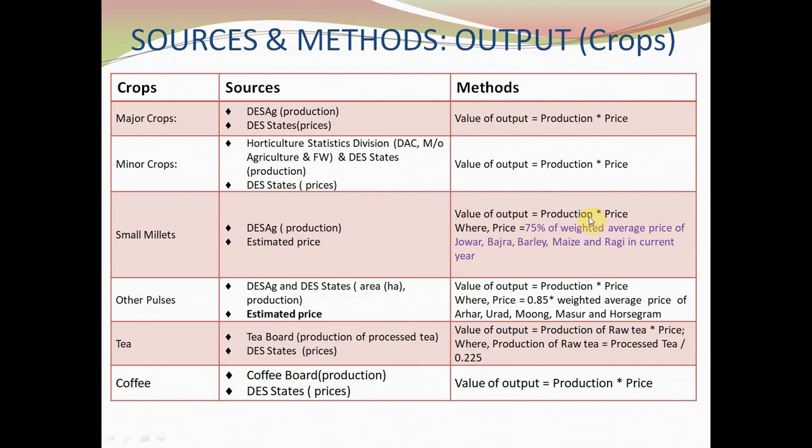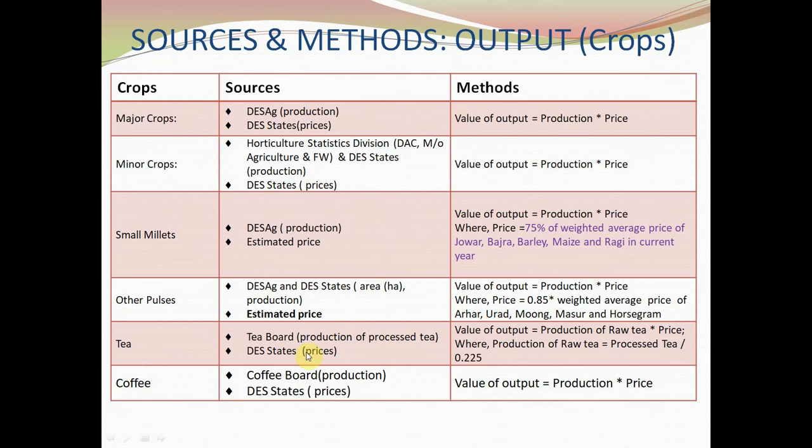Value of output is calculated using production into price. For other pulses, production and area figures in hectares. Data is taken from DES Ministry of Agriculture and DES states, and price is also estimated by using 85% of weighted average price of arhar, urad, moong, masoor and horse gram.